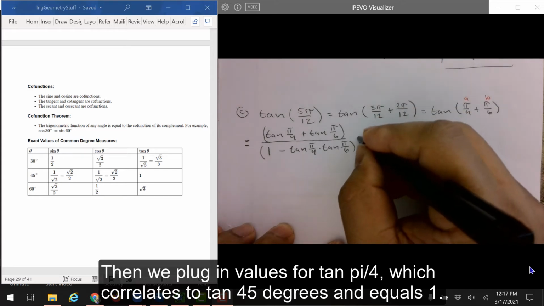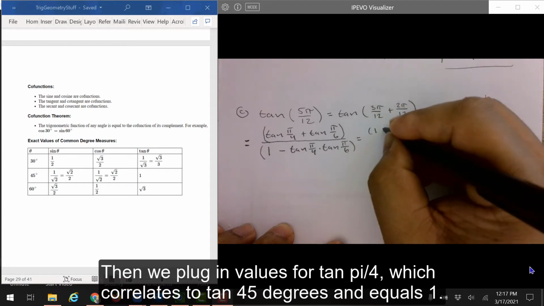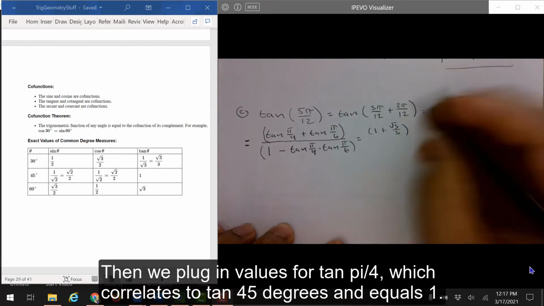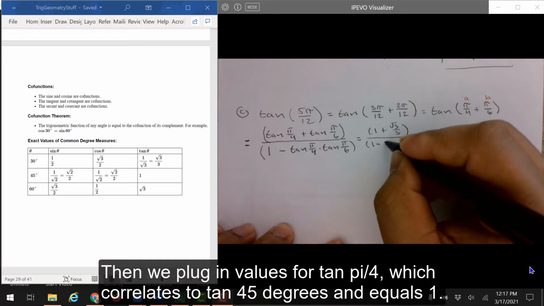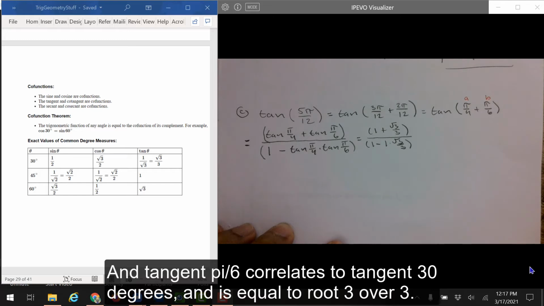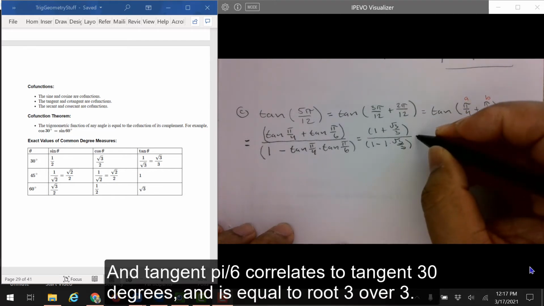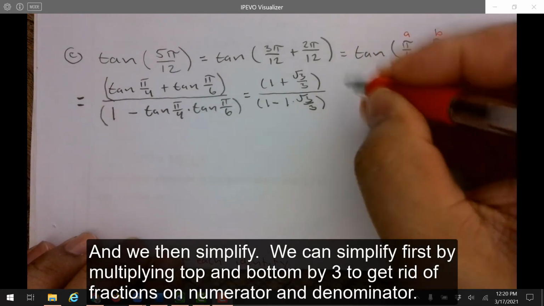Then we plug in values for tangent of pi over 4, which correlates to tangent 45 degrees and equals 1. And tangent pi over 6 correlates to tangent 30 degrees and is equal to root 3 over 3. And we then simplify.